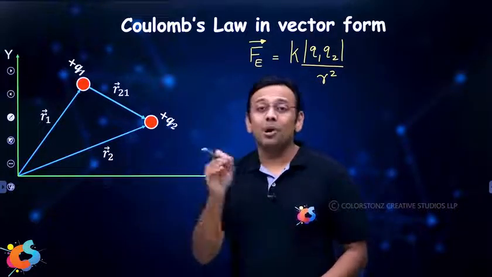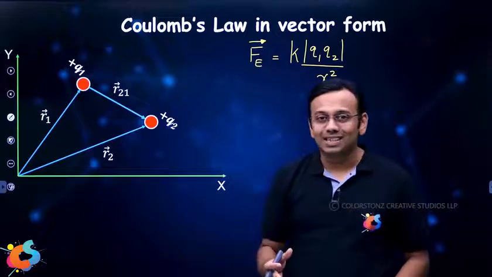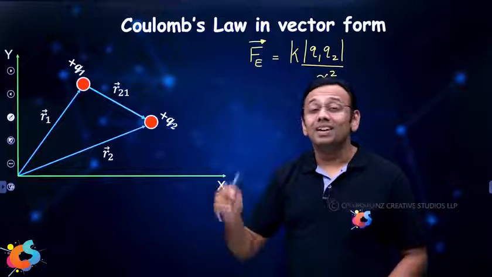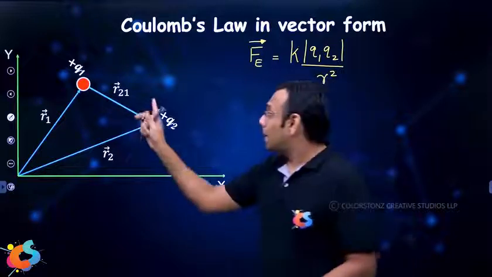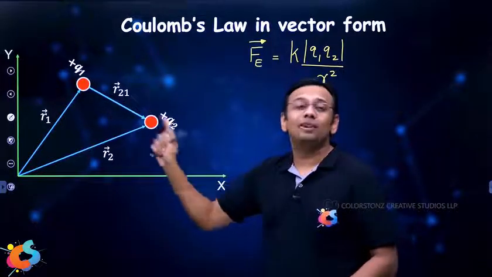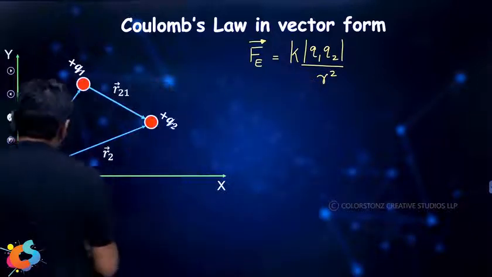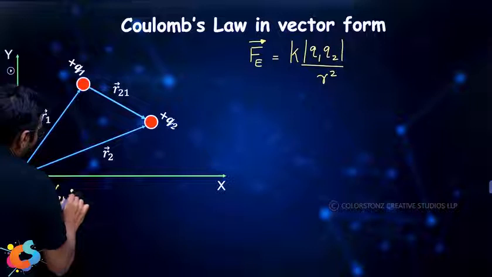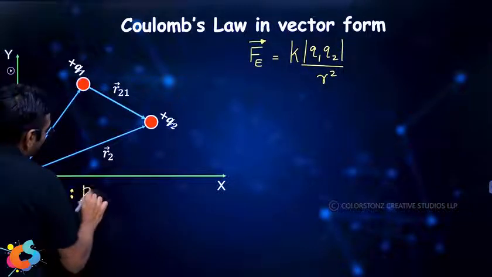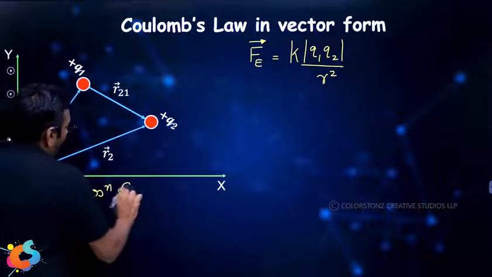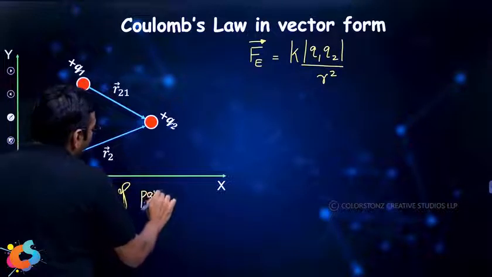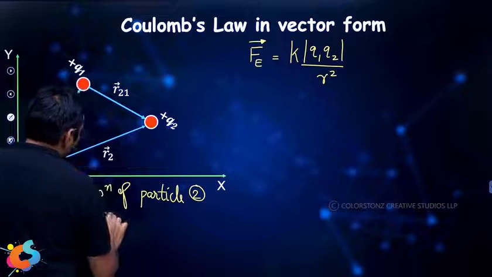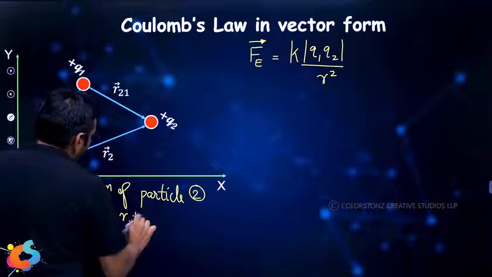Now I hope you remember your kinematics concepts. What this R21 represents is the position of particle 2 with respect to particle 1. Let me just write that down here. I'm sure you can recall this from kinematics. This is the position of particle 2 with respect to particle 1.